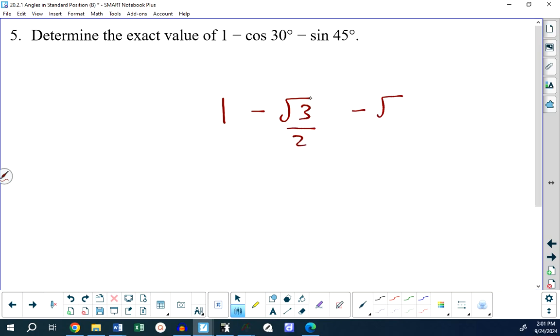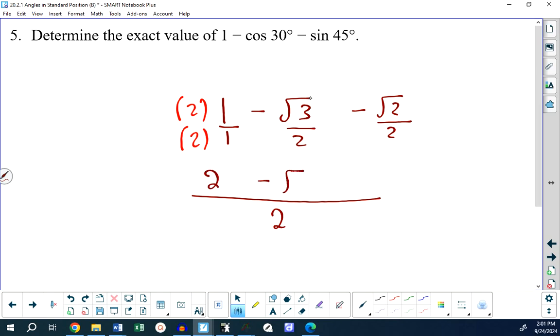This is root 2 over 2. We don't like numbers added to fractions. So we would most likely take this 1 and multiply the numerator and denominator by 2 to get a common denominator of 2. And then we could write 2 minus root 3 minus root 2.